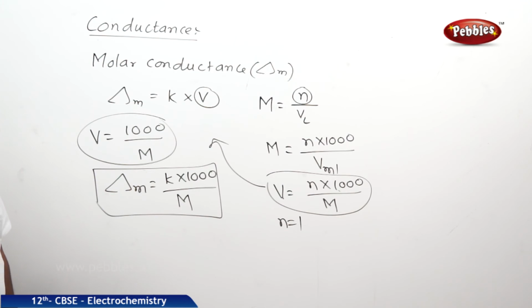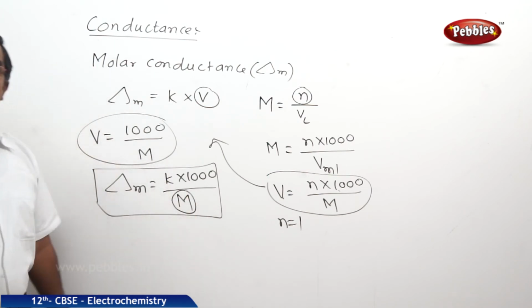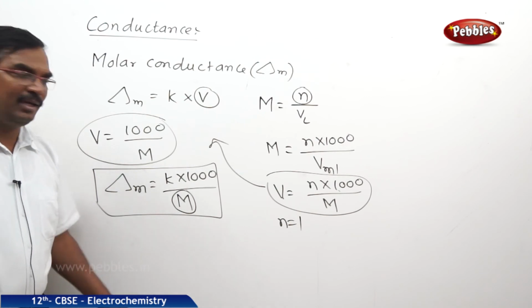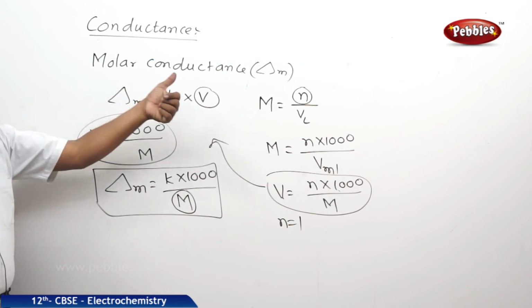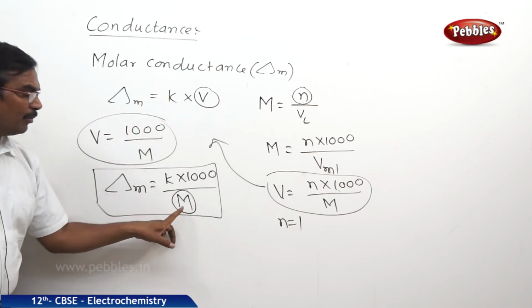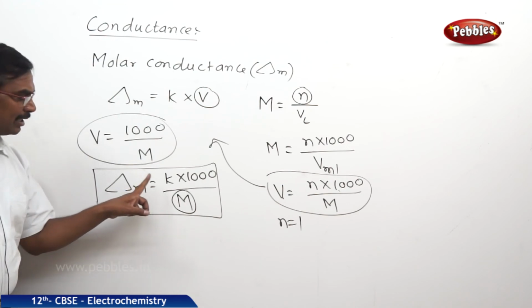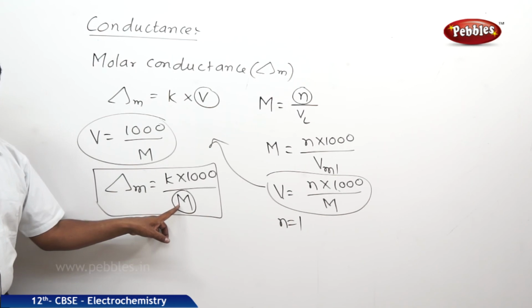And in the case of saturated solutions at the given temperature, we can also replace this with the solubility. So that's why whenever we have the molar conductance here, that is related to the molarity like this. So molar conductance is equal to K into 1000 by molarity of the solution.